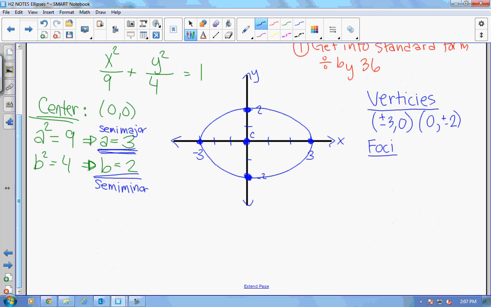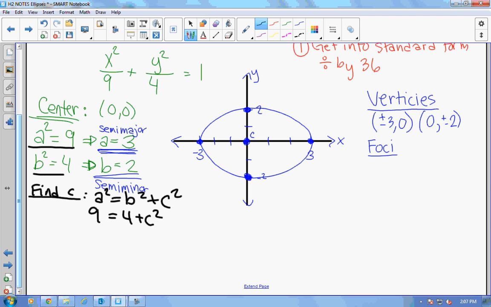So we're going to find the foci. Find C by using A squared equals B squared plus C squared, because we know our A and the B, so we should be able to find C, and then we'll know exactly where to plot the foci. What was A squared? It was 9, it's right there. 9 equals, what was B squared? 4 plus C squared.